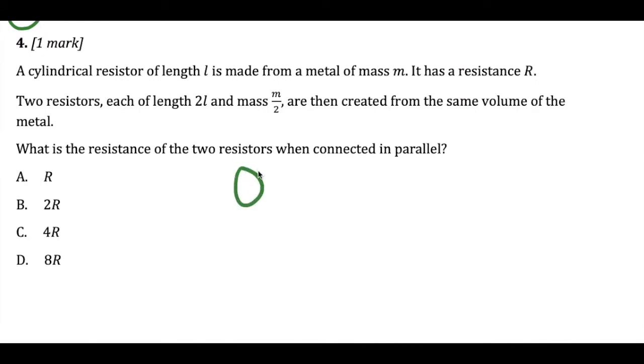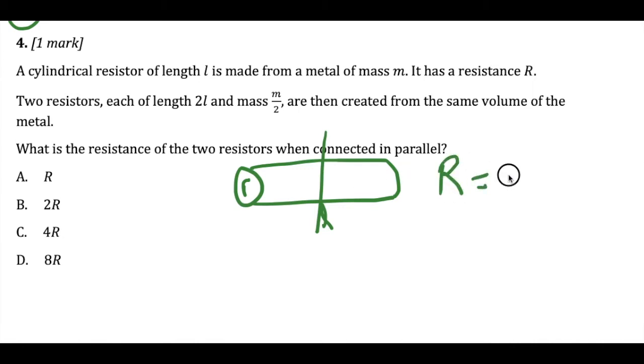Okay, in question 4, we are splitting a wire of length L into 2. Its radius is r initially, and let's write an expression for its resistance, which would look like that. So that's our R. By keeping the same total volume, we split into 2 and stretch to 2L.